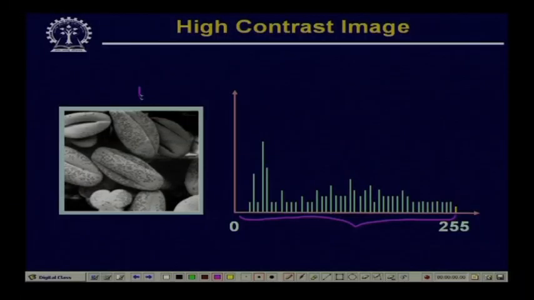And as a result, the image appears to be a very prominent image, having low intensity values and high intensity values, and at the same time, if you look at the image, you find that many of the details of the image are easily visible.